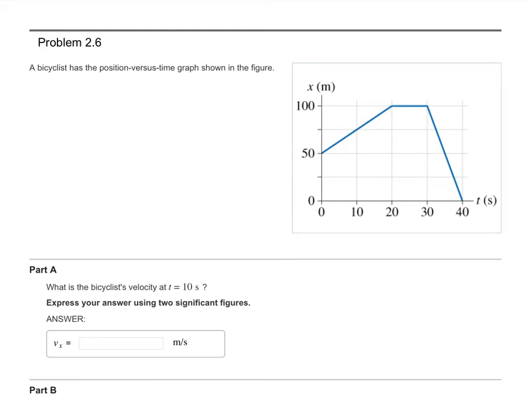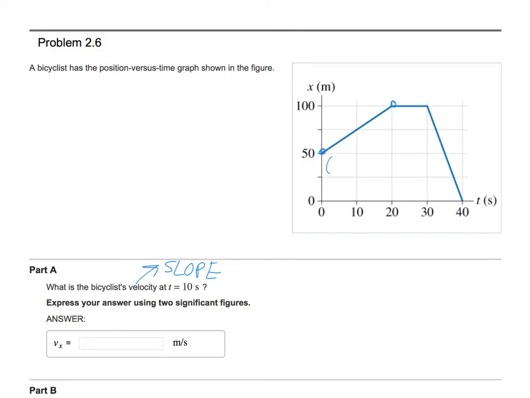Starting with our Mastering Physics assignment here, we first have a position versus time graph showing a bicyclist, and we want to first find the velocity of the bicyclist at 10 seconds. Right here, we keep in mind that velocity is slope on a position graph, so what we're really trying to do is find the slope from here to here.